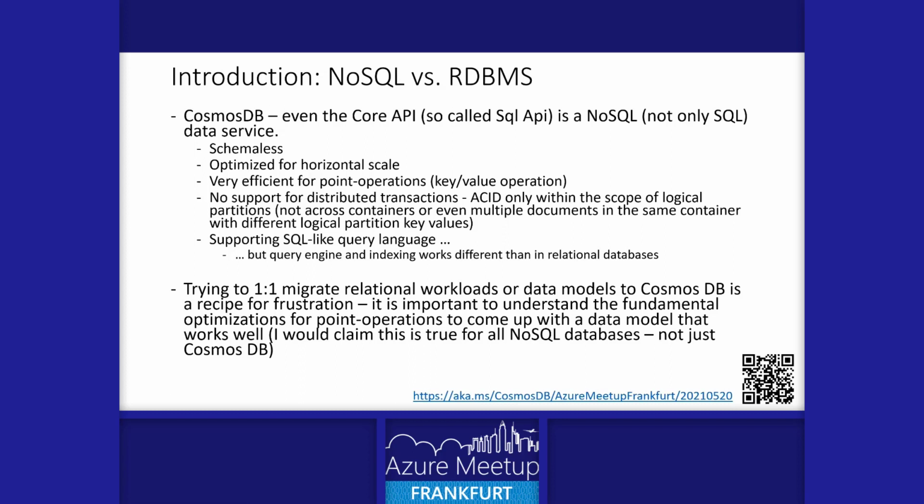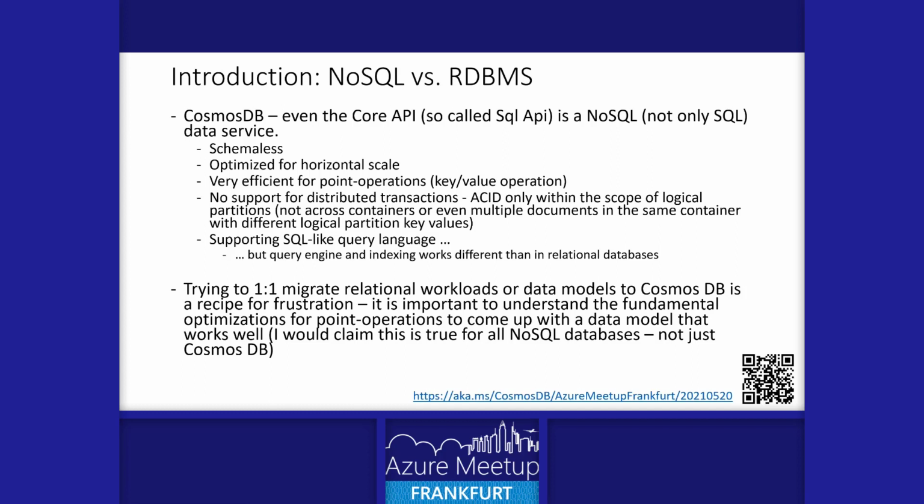So if applications rely on them, it's not possible to move from a relational database to a NoSQL database without making some design changes. That is important: even when the API is called the SQL API, it's not for a relational database, and some of the design considerations need to account for the fact that it's a NoSQL database.